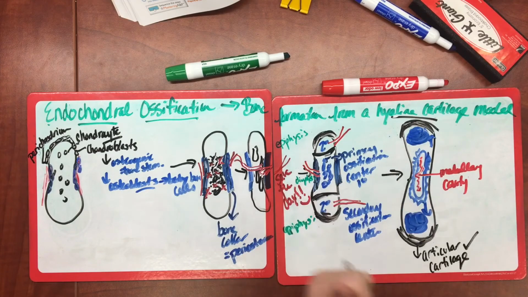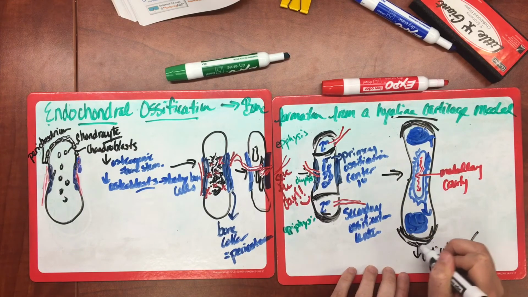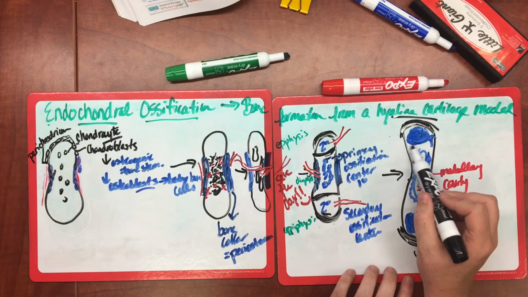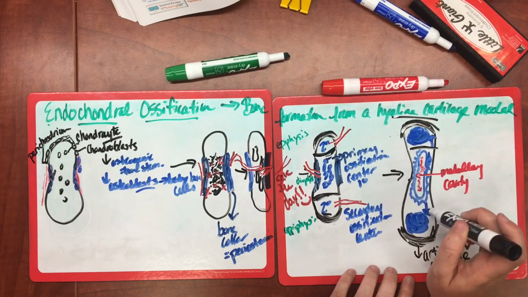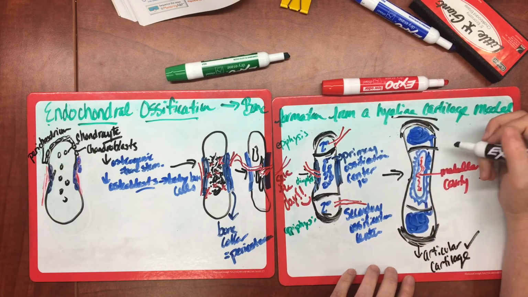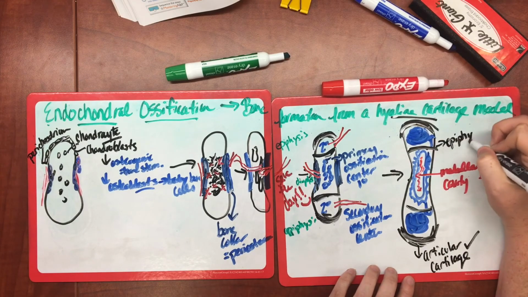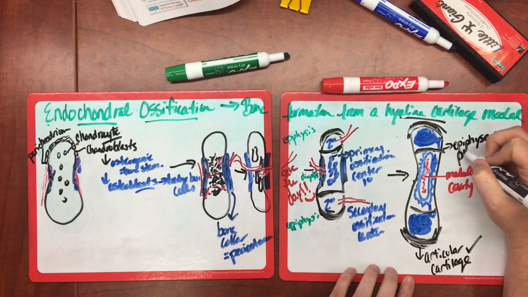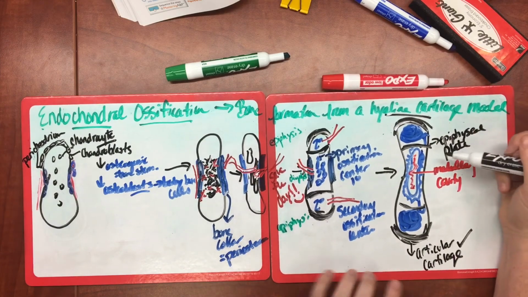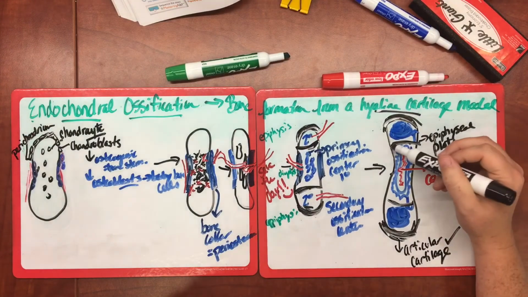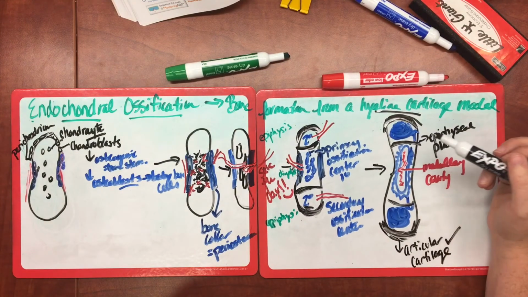You don't want grinding bone on bone. This is a protective mechanism. And then you also have a little bit of cartilage left in this area. This is the epiphyseal plate, and this is where the growth in length is happening. So you have cartilage in here that's growing, but you also have bone that's growing.